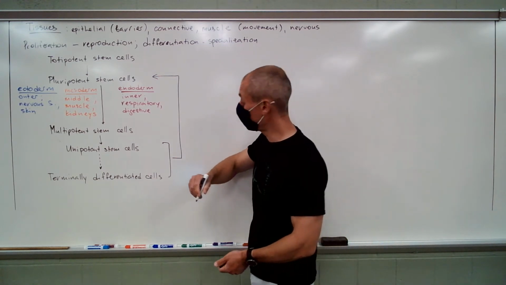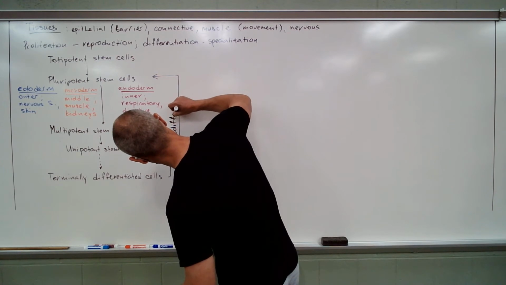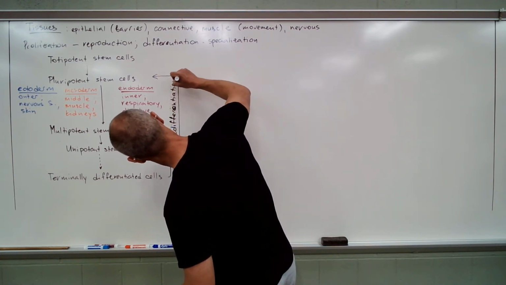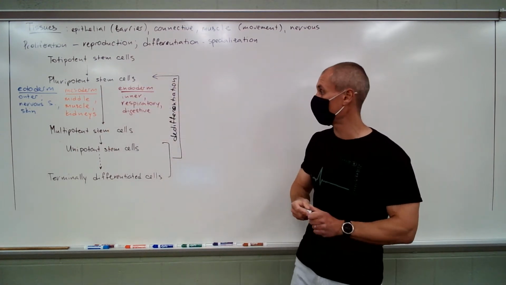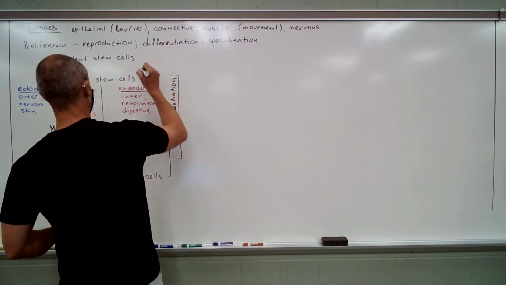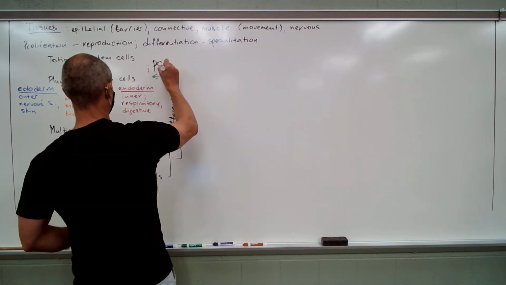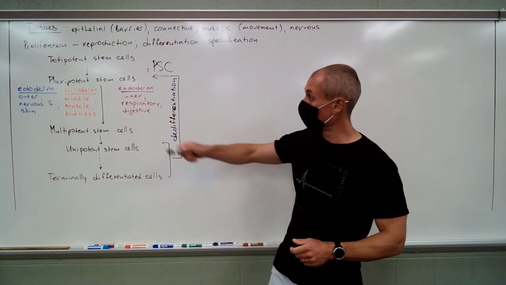It's called de-differentiation. So you have inducible, that's letter I, pluripotent stem cells. Okay? So you can make this.